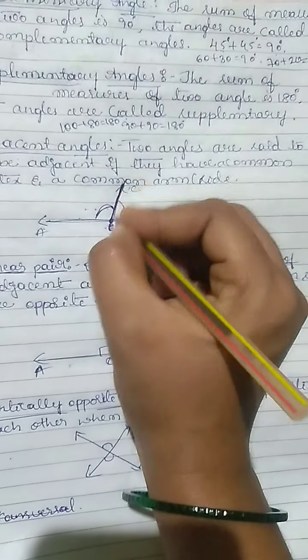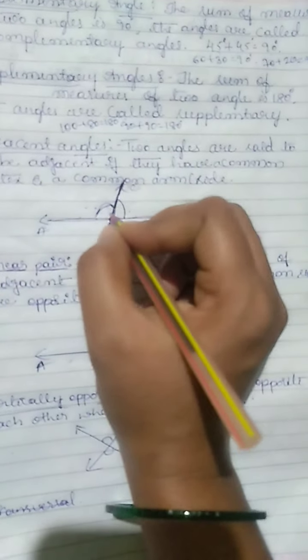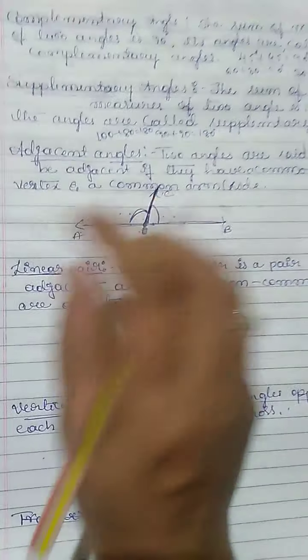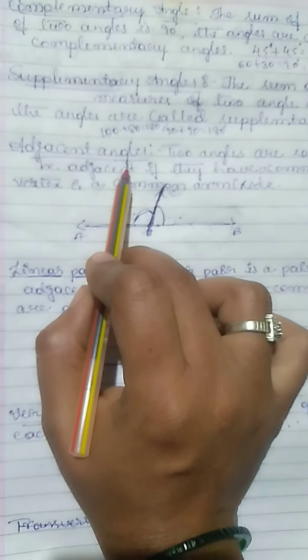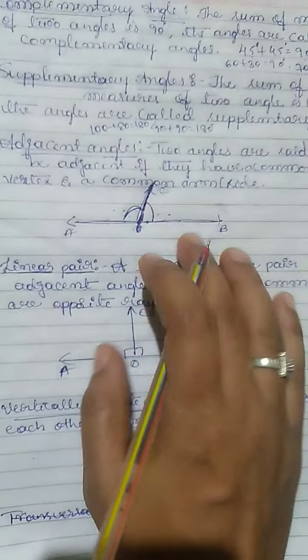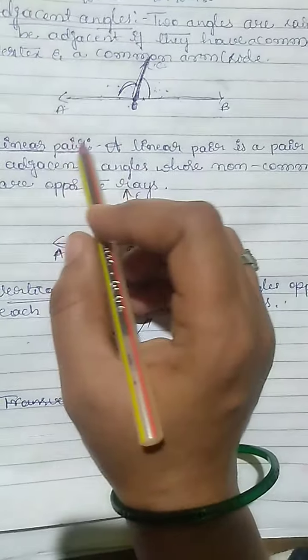Therefore, this is the common ray for these two angles. Therefore, this type of angles are called adjacent angles. See, the name itself indicates adjacent angle. These two angles adjoin at one arm.